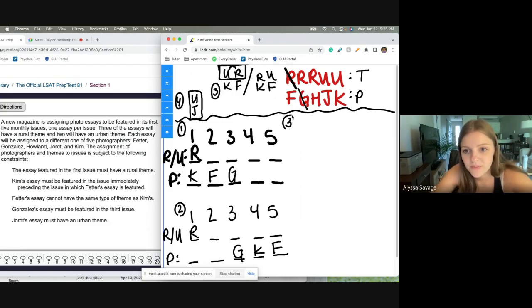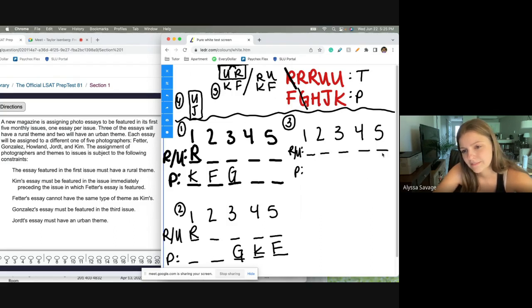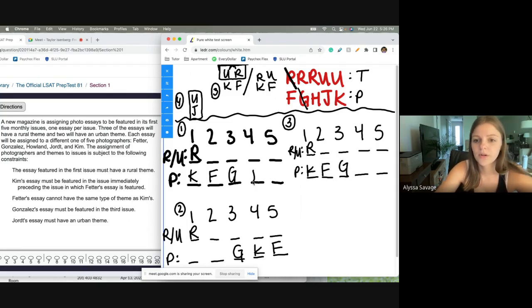Because I have two possibilities, I'm going to split that and make that happen so I don't have to think about it anymore. Okay, so we're going to make our copy. And in 1, we're going to put J and U in that 4th spot. And in the other, we're going to put J and U in that 5th spot.